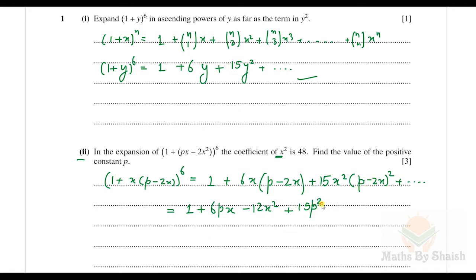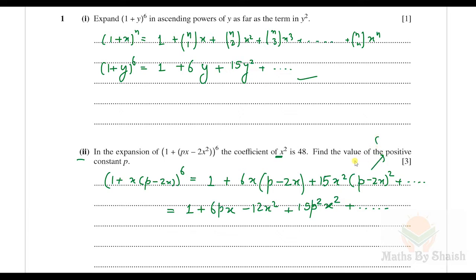It would be p square, so 15p square x square, and then whatever we'll get, like to the second, a minus b square, p square, then 2x square, and then 2 times p into 2x, that would be x square, and you are already multiplying by x square, so that would be more than the x square term, so you'll not write it. We only need to write till here. We can expand it as well.